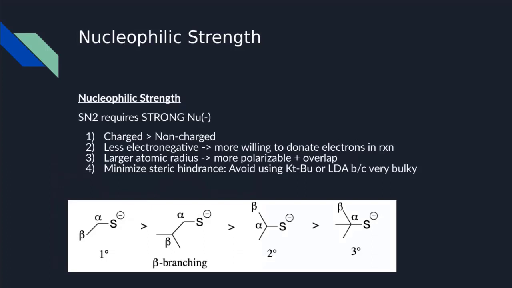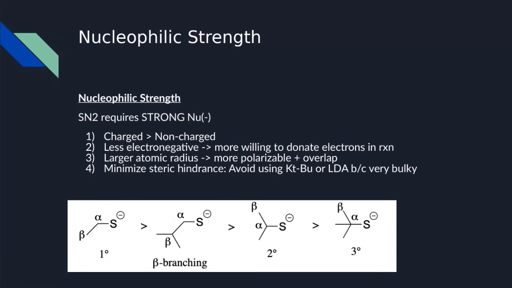To get started, one of the most important distinguishing factors between SN1 and SN2 reactions is nucleophilic strength. Specifically, SN2 reactions require strong nucleophiles. SN1 does not care, but you must be strong in order to get through an SN2 reaction.